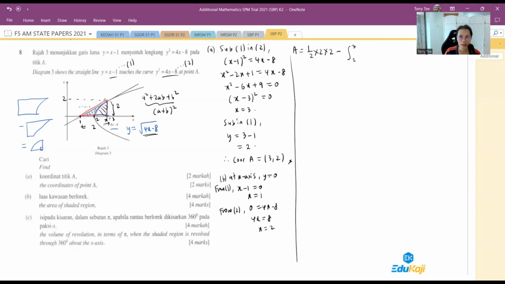And your function y, in this case, is (4x minus 8) to the power of half dx. Yeah, I use integration of y dx. y dx means from here, you move down towards the x-axis. Yeah, dx represents the x-axis. Okay, so let's just solve this. This will be 2.